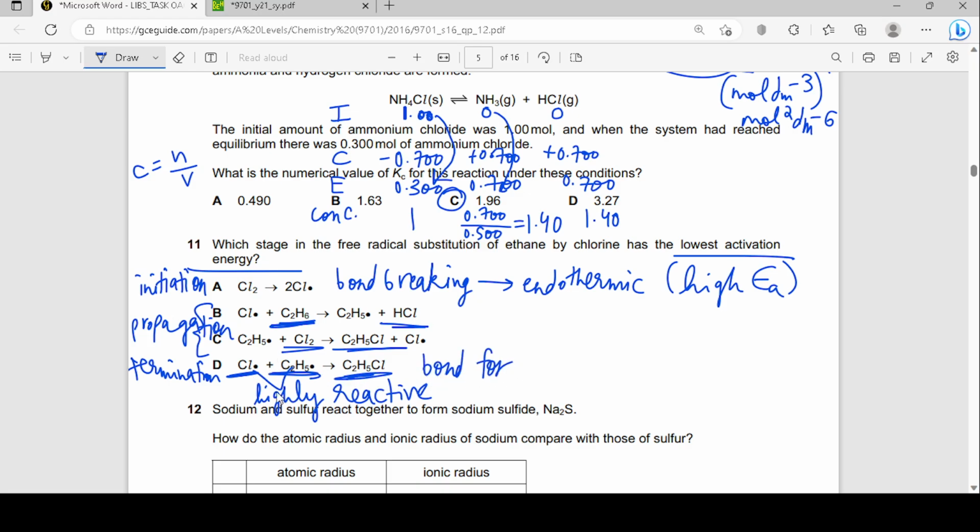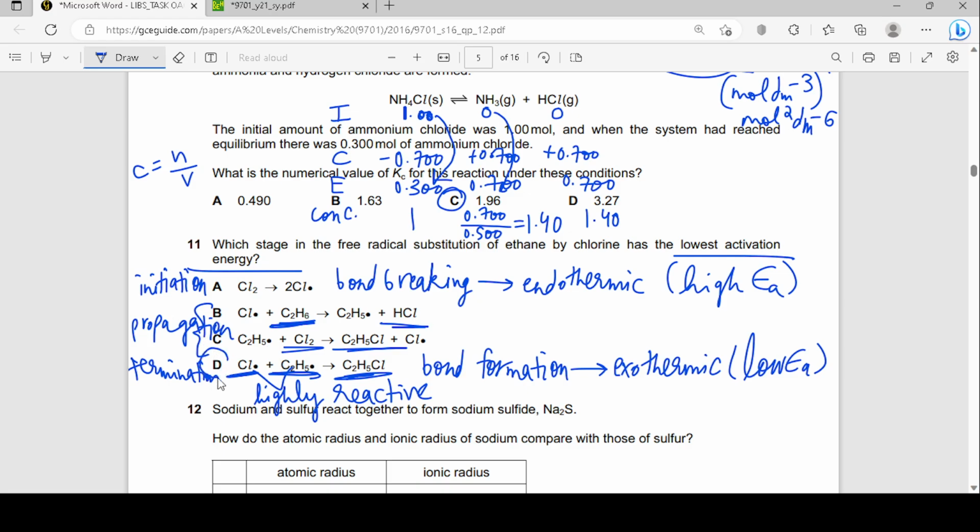So these two highly reactive free radicals are reacting together to form C2H5Cl, which is an exothermic process. So it will have a low activation energy because there's really no bond breaking taking place here, and they react very readily with each other. These two free radicals will react very readily because they have an unpaired electron in their valence shell.